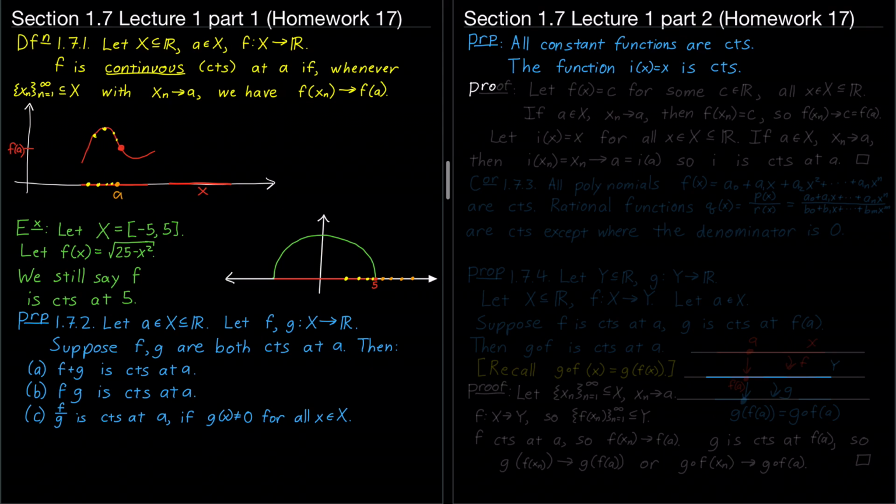And the proof works like this. So let f of x be c for some c in R, and this is meant to be true for all x in X, a subset of R.